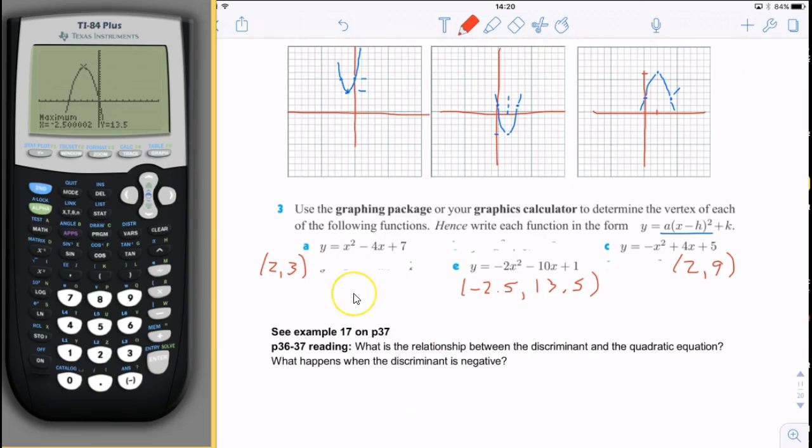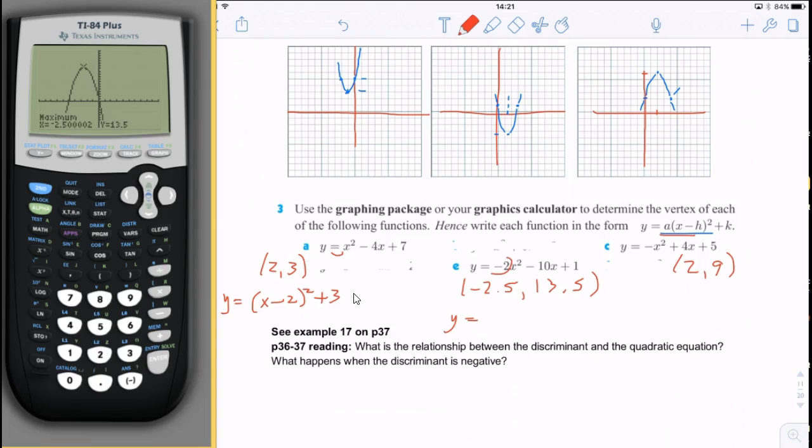One thing that we did not do that it asked us to do was find the vertex form, so we'll go ahead and do that. This is the easy part. The a value here is just 1, so we don't write any a value. x minus h value, which is 2, squared plus 3. A lot of people forget to put the squared. That's a fatal error. Make you lose all your points.